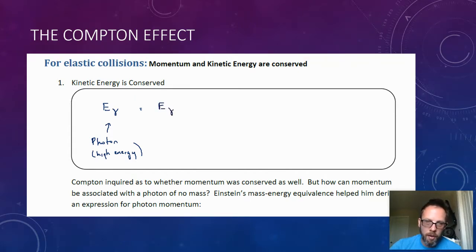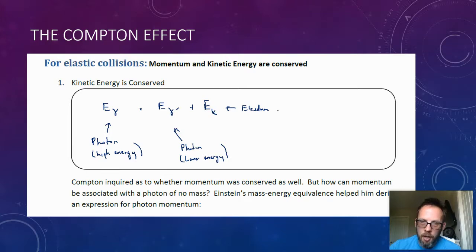We got energy of a photon, and I'll put prime, just indicating that's another photon with lower energy, plus EK, and this is the electron kinetic energy.